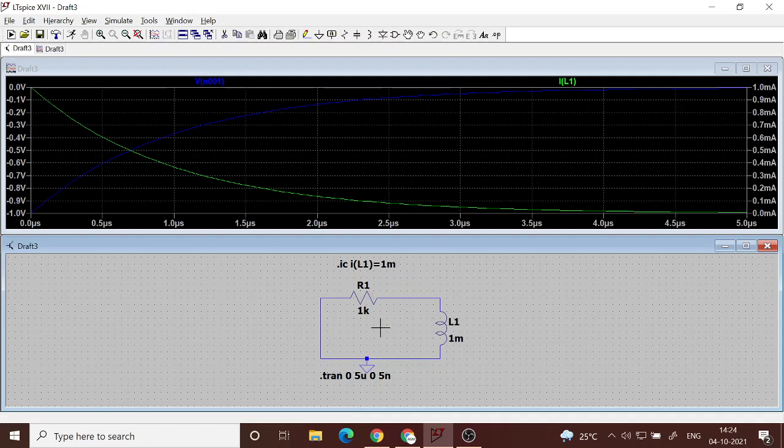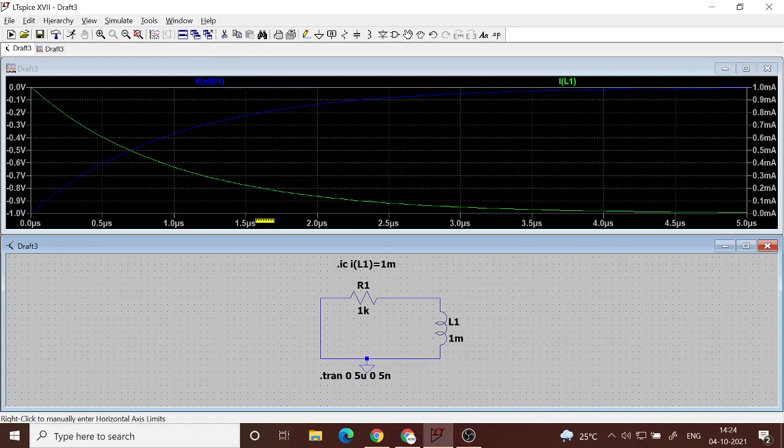There is no difference because we are measuring it with respect to the ground. The resistance and inductor are both in parallel, and therefore the voltage across them is the same. Okay, the only difference is that if I want the voltage on the left point with respect to the right point, then I need to take a negative of the node voltage VN001.